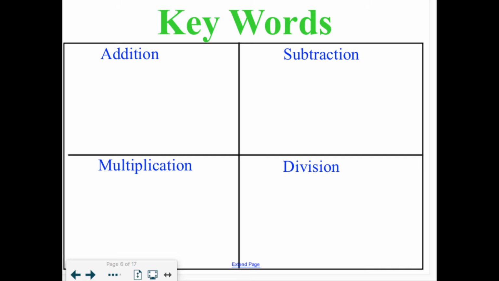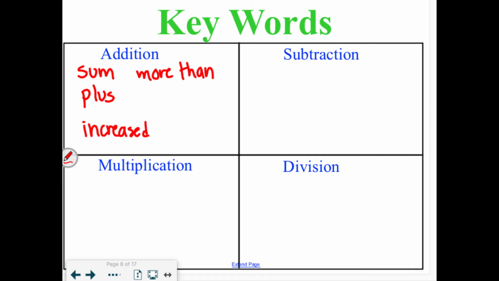A few things that we want to review before we talk about expressions and how we write them is some keywords that you could find in a word problem. So for example, addition, some words that you're going to look for might be sum, plus, increase, more than, or total.